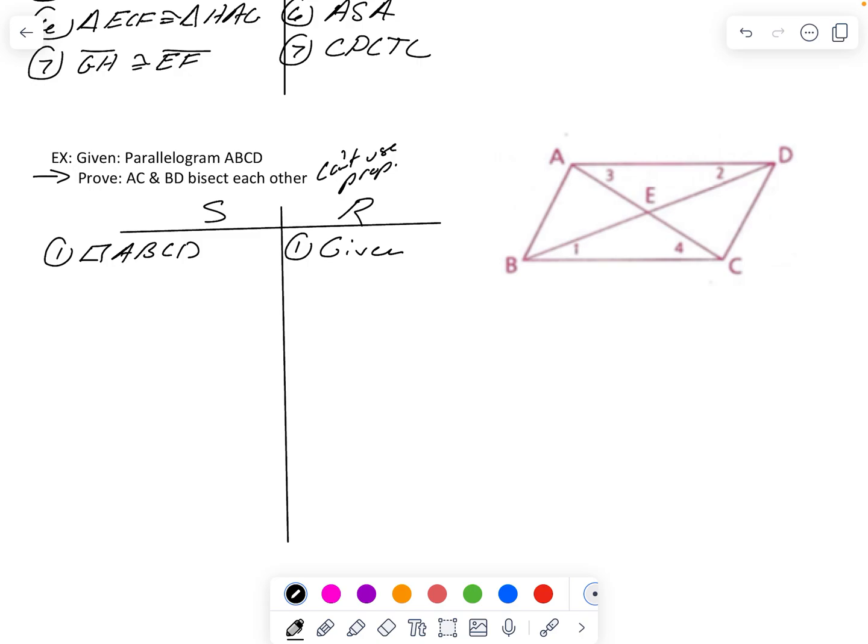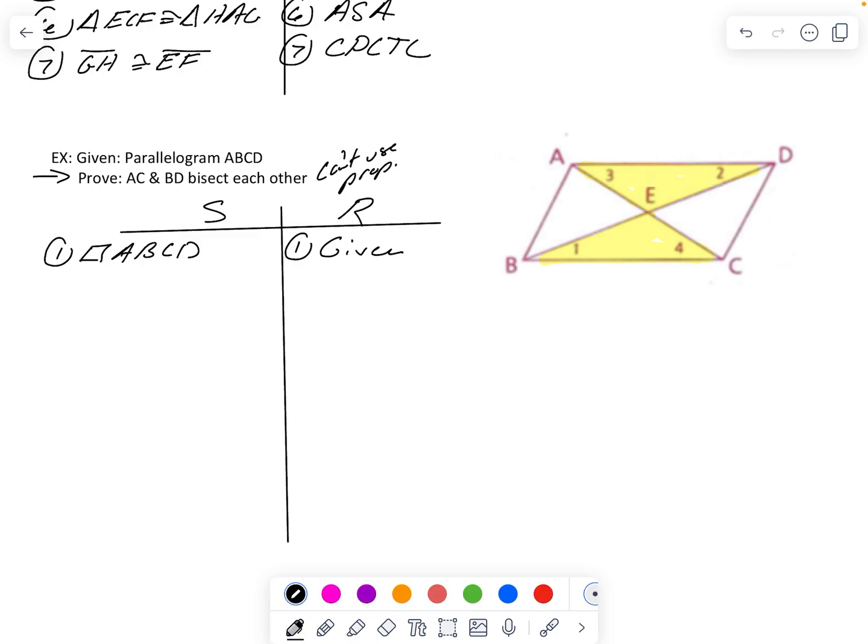So basically we have 4 things we can say about our parallelogram, just not that one. So if we want to prove that AC and BD bisect each other, we need to show that AE is congruent to EC and BE is congruent to DE, all right? So to do that, and since they have given us those certain angles marked, I'm going to highlight these. We're going to focus on these 2 triangles.